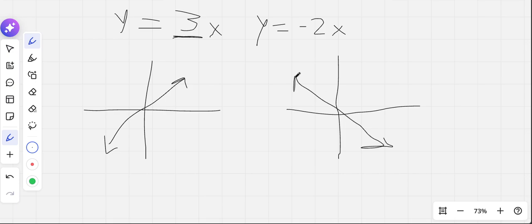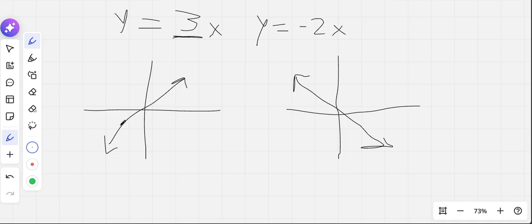The steepness, of course, isn't accurate, but I'm just trying to show you the difference between positive and negative. So now you can see side by side the difference between the positive slope and the negative slope. No matter what the coefficient is, as long as it's positive or negative, it will look something like this. The steepness would obviously change, but it would still be going in that general direction.